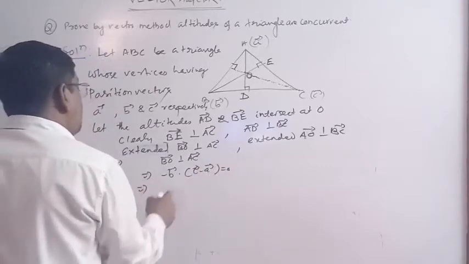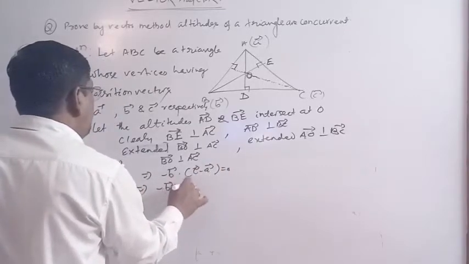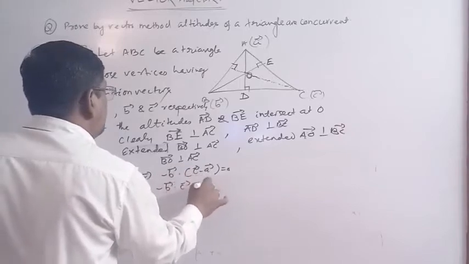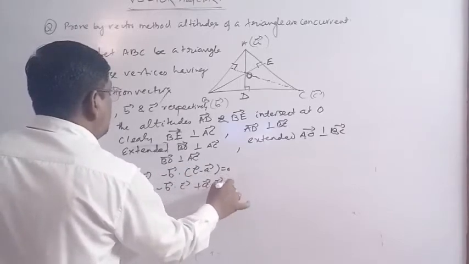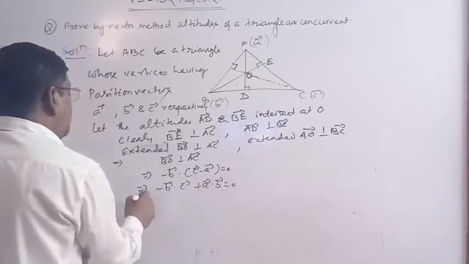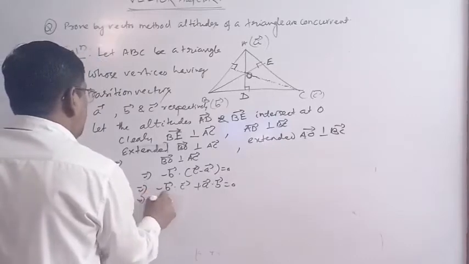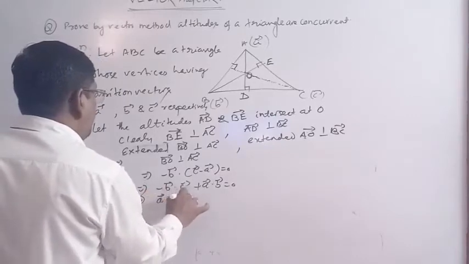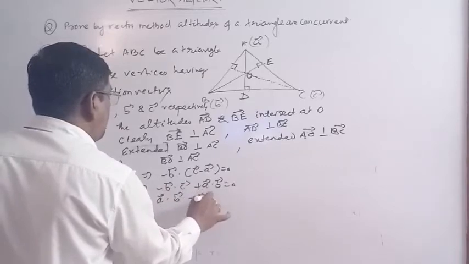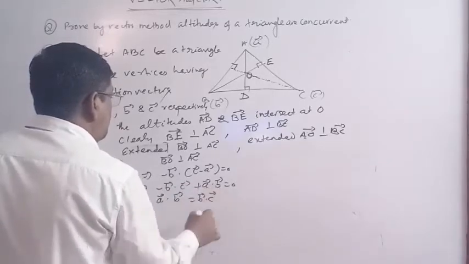So minus B dot C plus A dot B is equal to 0, or A dot B is equal to B dot C. Suppose this is equation 1.